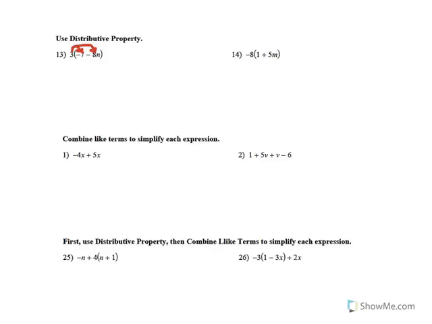I'm going to do 3 times -7 gives me -21. 3 times -8 gives me -24n. These are different terms because this is a constant and this is a constant attached to a variable. So this answer cannot be combined any further and is our answer.